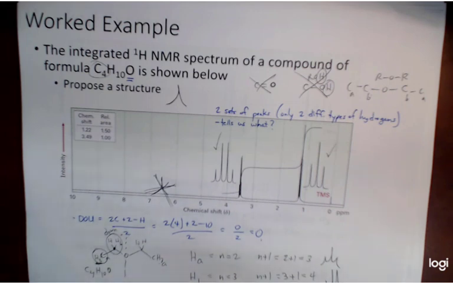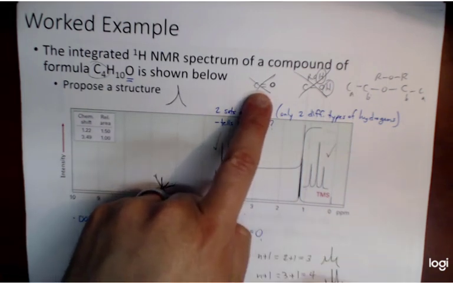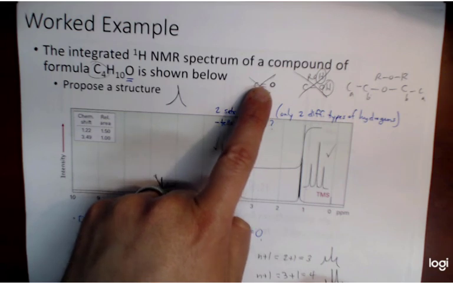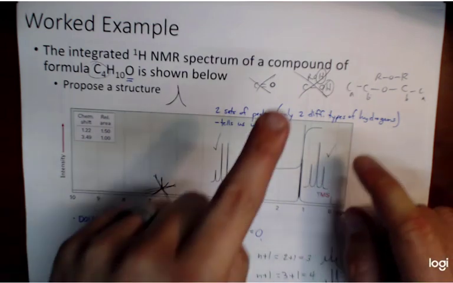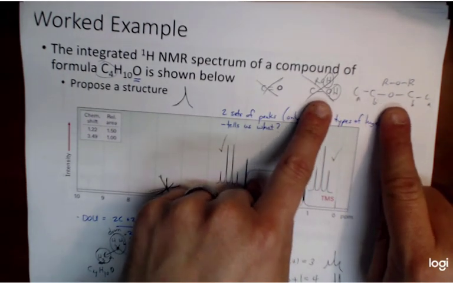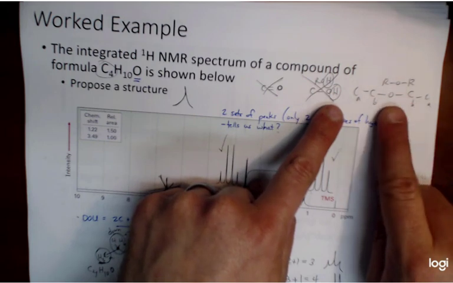Anything that has a carbonyl is excluded based off the degree of unsaturation, because a pi bond would give us a degree of unsaturation of 1, and we see 0. So we're really looking at single bond options, either an alcohol or an ether.